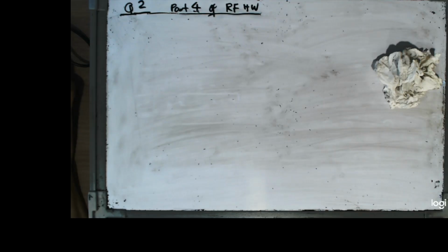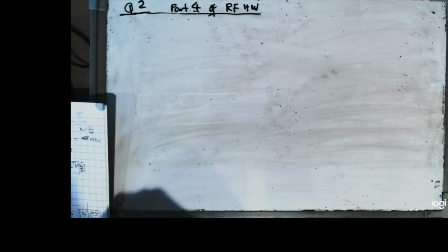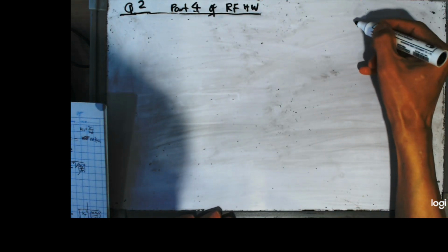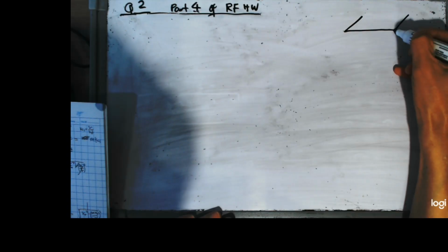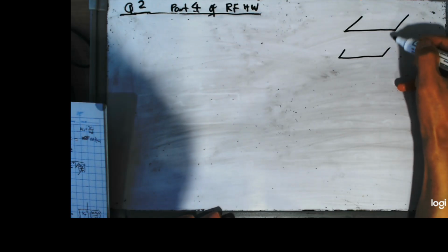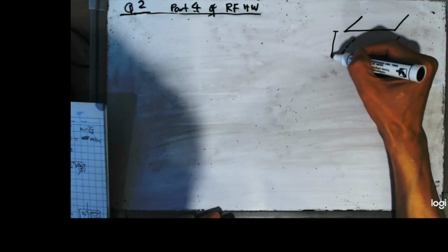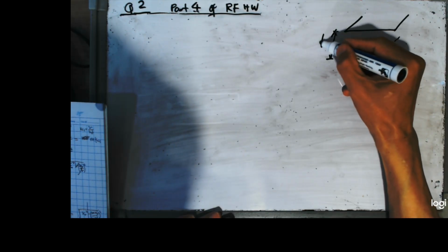Now you are looking at my whiteboard. We are dealing with question 2. To start with, we are given a parallel waveguide. It may be a very wide waveguide, and the height here is d.